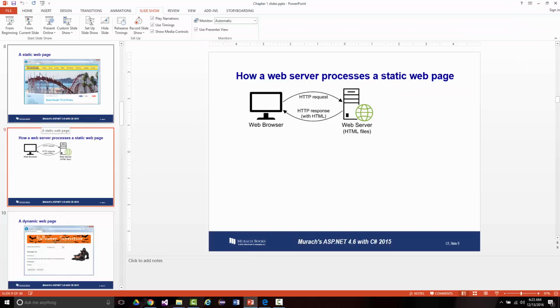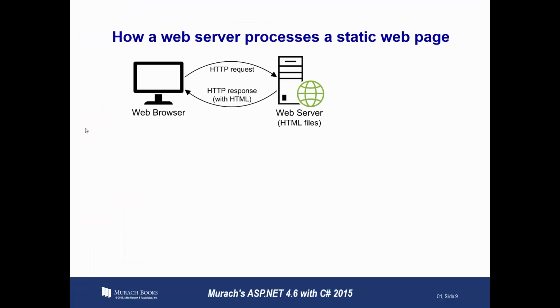But the idea is when we're doing this, the web browser makes a hypertext transfer protocol request. It's typically a simple request, so the request is answered by a web server who has to send back the HTTP response using HTML because that's what the browser can understand.